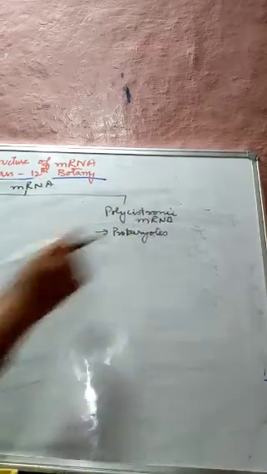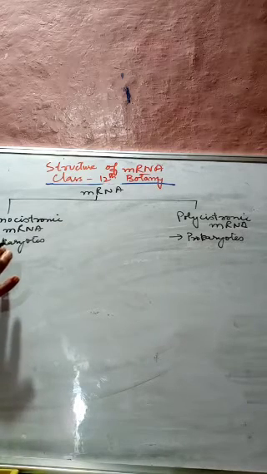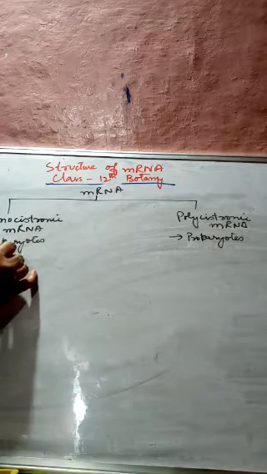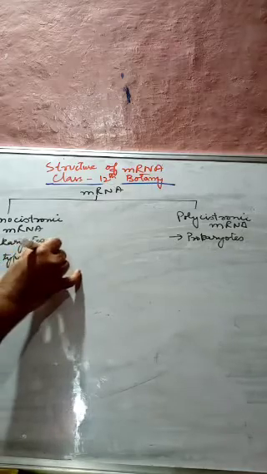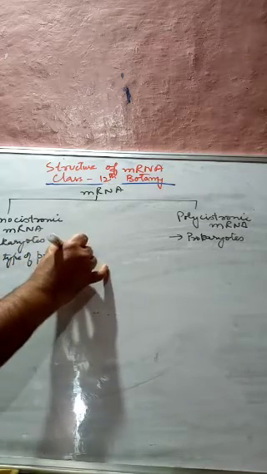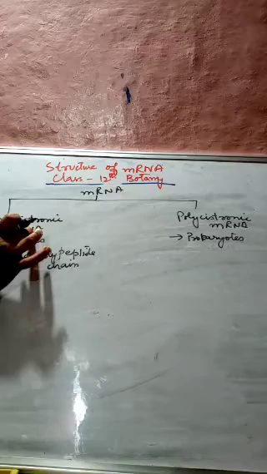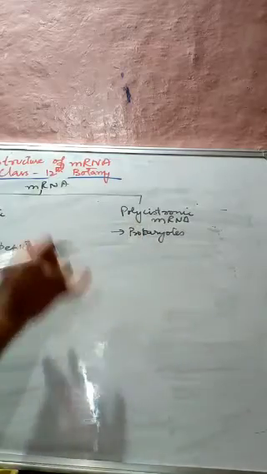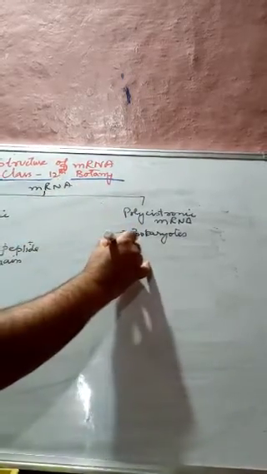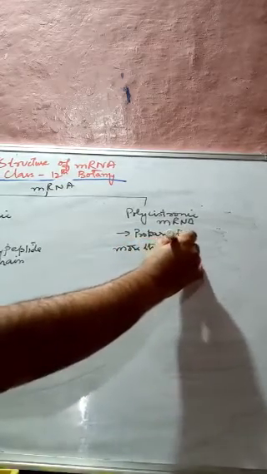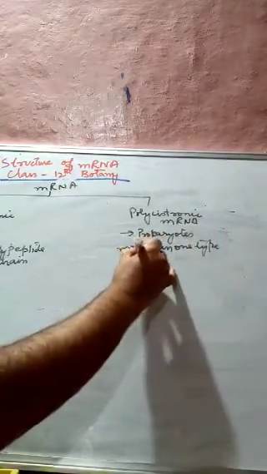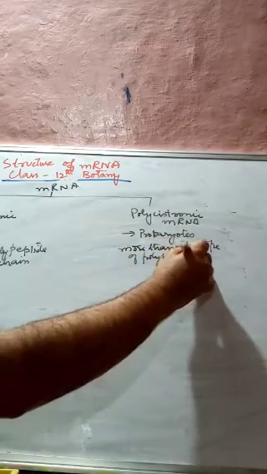Monocistronic mRNA has the genetic information to code only one type of polypeptide chain, and polycistronic mRNA has the information to code more than one type of polypeptide chain.